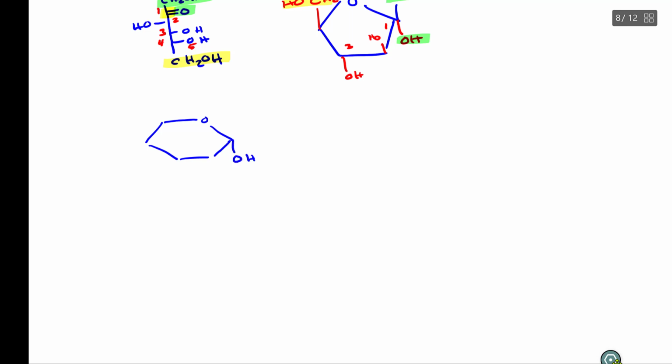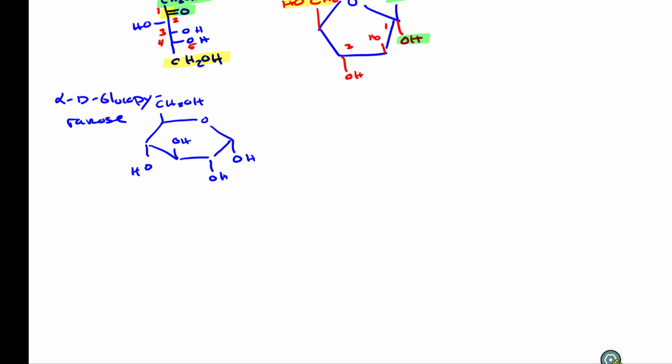Like this. And then if you remember, it's down and up, and then down. And then on here I have CH2OH. So this is alpha D glucopyranose. Oops, I didn't leave myself enough room there. So that's alpha D glucopyranose.